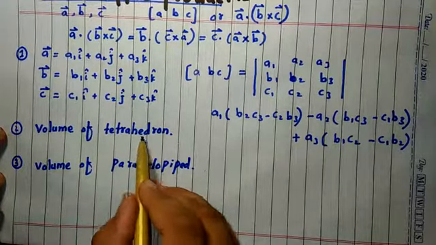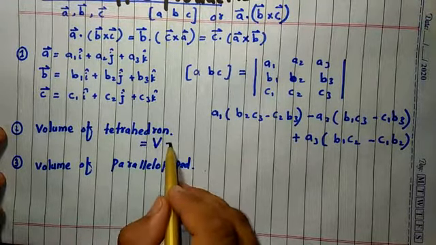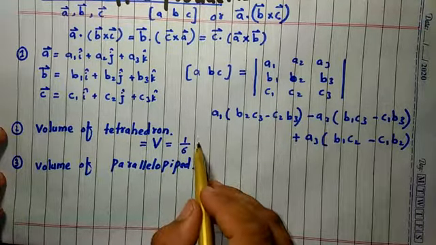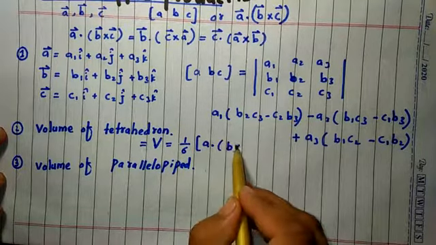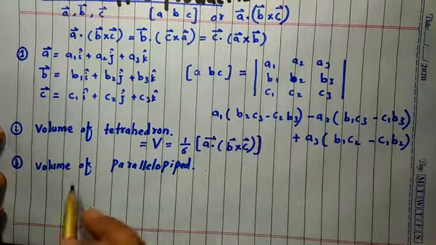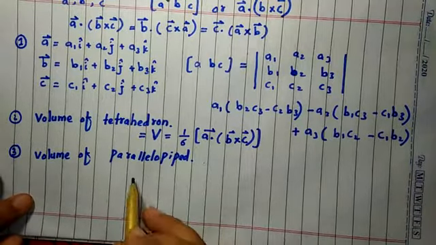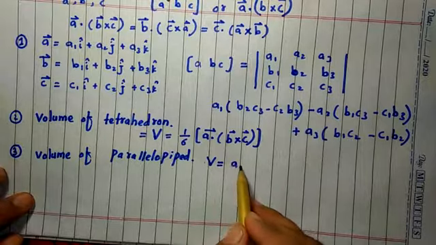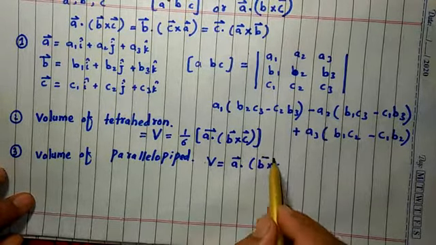So volume of a 3D shaped tetrahedron will be equal to V, whose volume will be equal to 1 by 6 of A dot B cross C, and similarly volume of the parallelepiped will be equal to V will be equal to A dot B cross C.